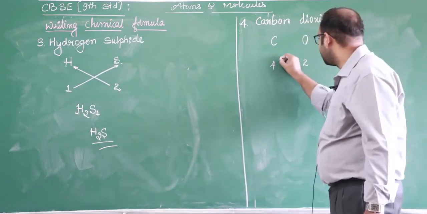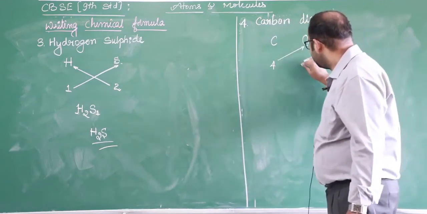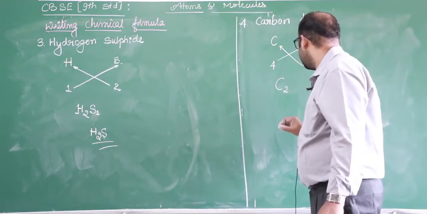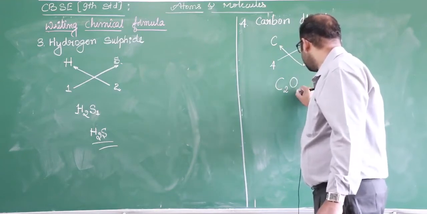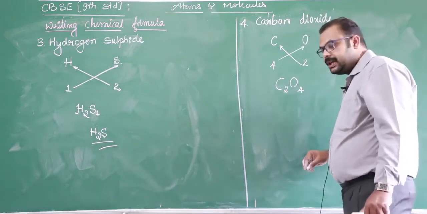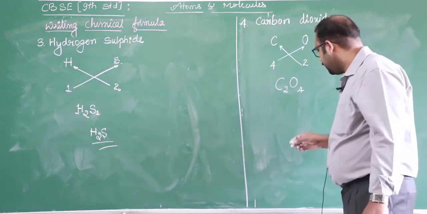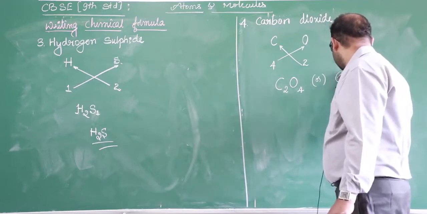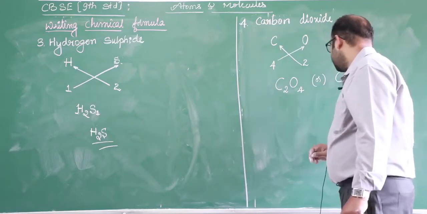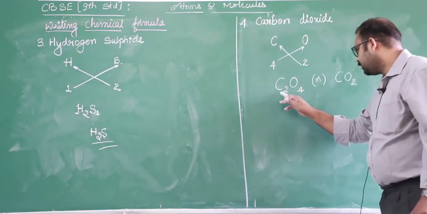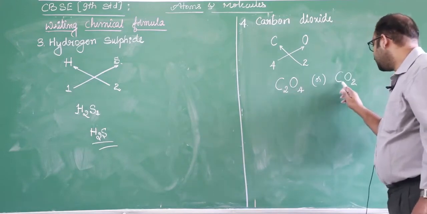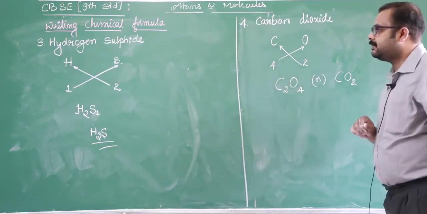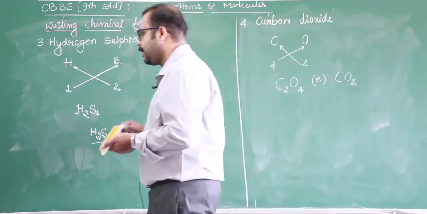Now we have to cross their respective valencies, then we get C2O4. If you simplify this, you get CO2. We have simplified the ratio of carbon to oxygen as CO2. Now the formula of carbon dioxide is CO2. This is how we have to write. Let's see some more examples.